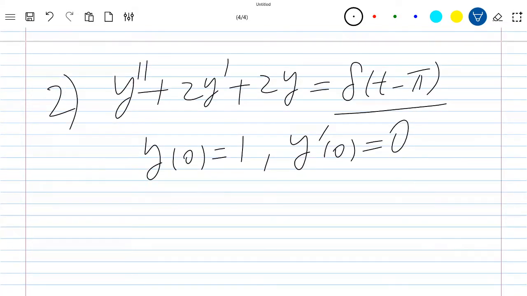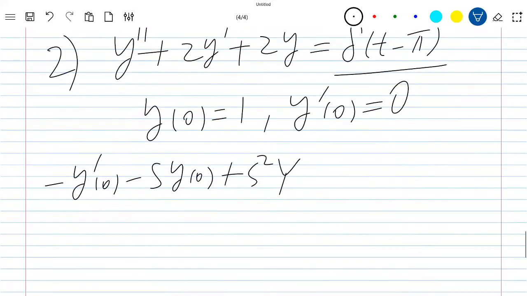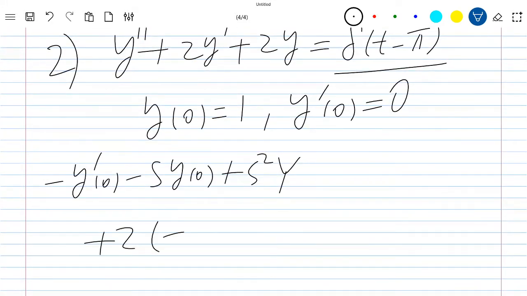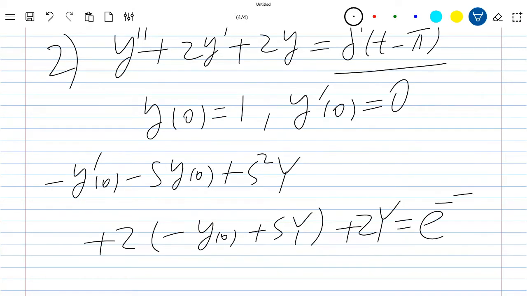So recall what we have: s squared y minus s y(0) minus y prime(0), then plus 2 of s y minus y(0), plus 2y equals, this is just e to the negative pi s. Okay, and then plugging the values, y prime is gone, and y(0) is 1.